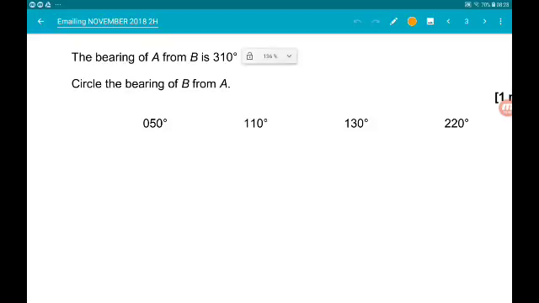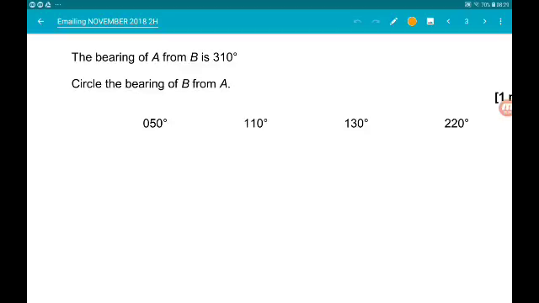Okay, number 4. The bearing of A from B is 310. What is the bearing of B from A? Okay, two things with bearings. North is 0 degrees and we measure them clockwise.